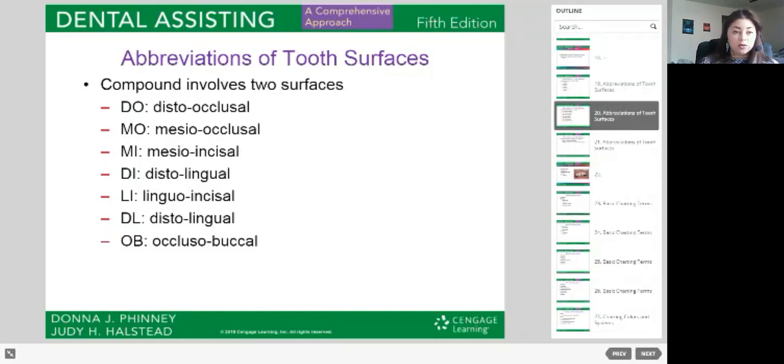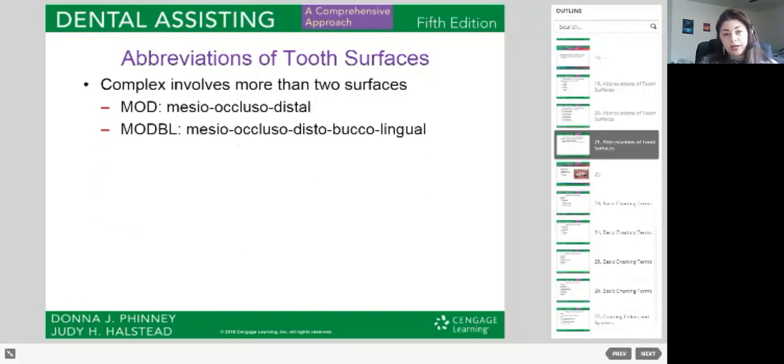So you have an MO or a DO. MOD is mesio-occlusal-distal, so you work from the front back, or the mesial incisal, but you wouldn't put an ID, like we have an ID filling. So I would say it would be more so the proximal surfaces first. And if the mesial is included, then I would always start there. But technically it doesn't matter.